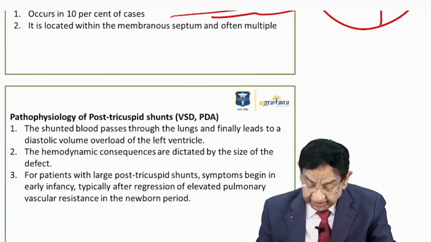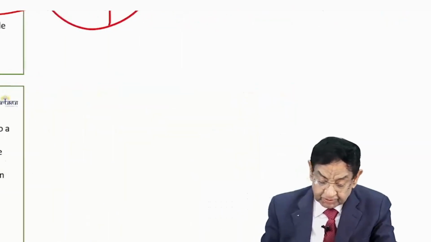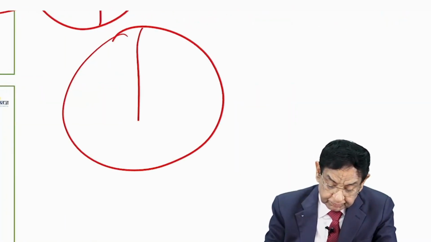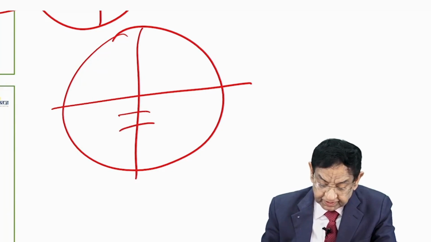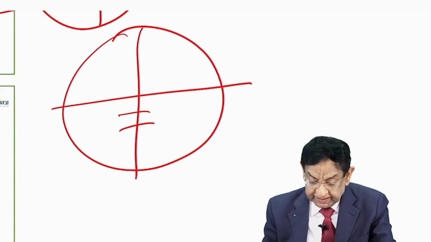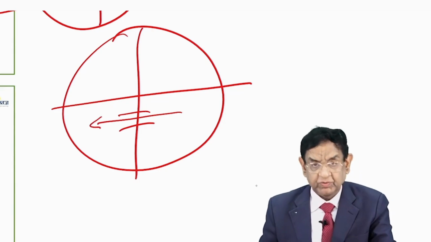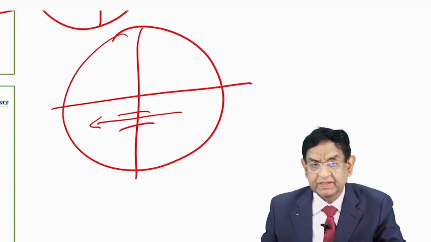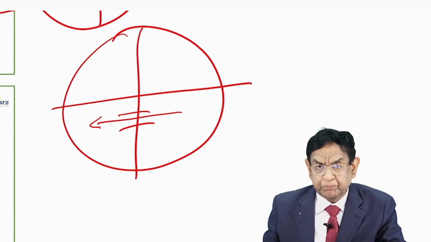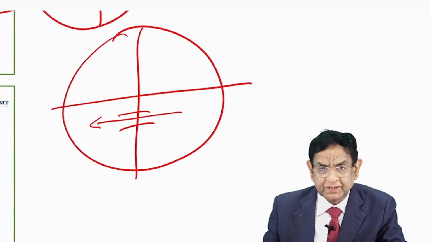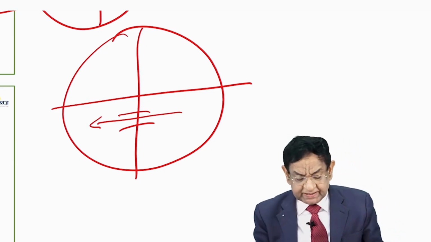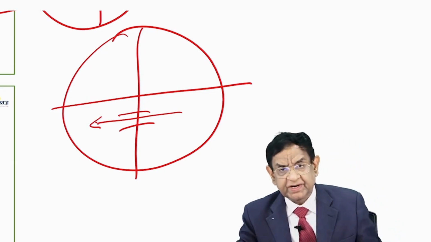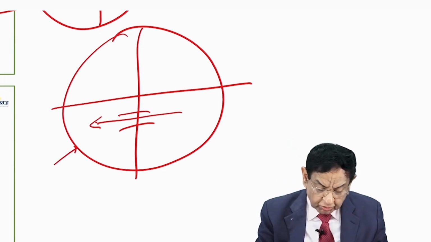Well, now let's talk about VSD. Blood is coming, and we know what we get: a pansystolic murmur. Point to be noted: this blood is coming to the right ventricle when it is also contracting.